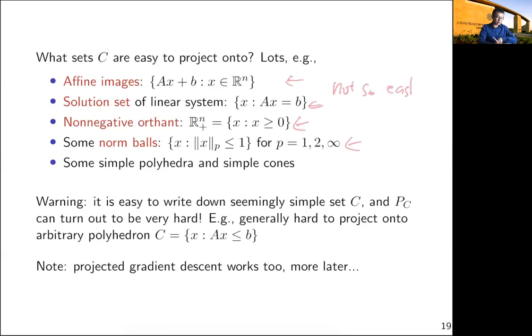It sometimes involves solving a linear system, which takes polynomial time proportional to, say, n squared or n cubed, depending on how large this matrix A is. And often the projection step itself involves solving a convex optimization on its own.